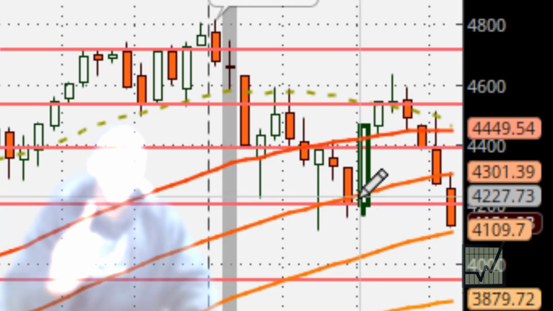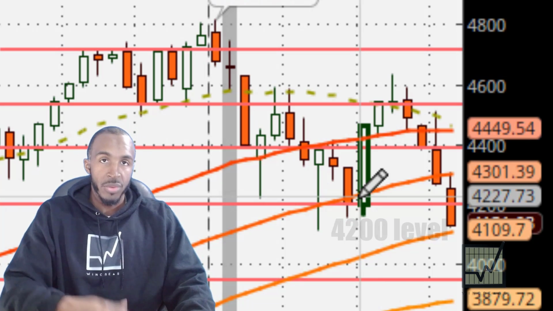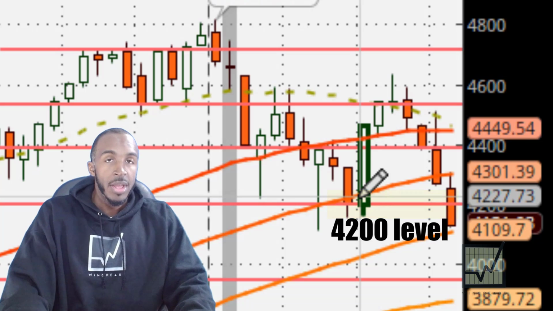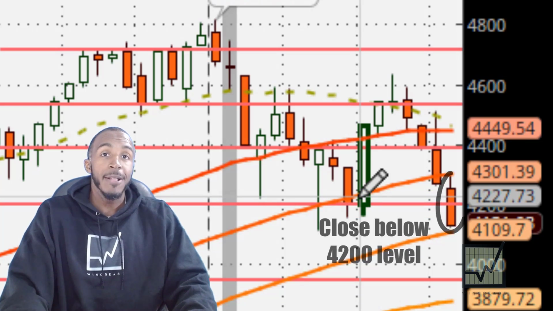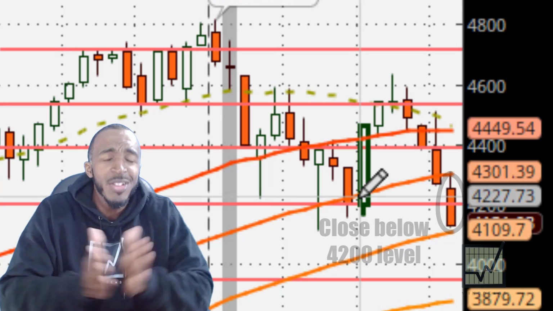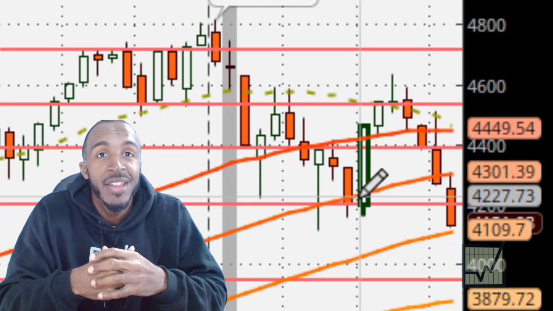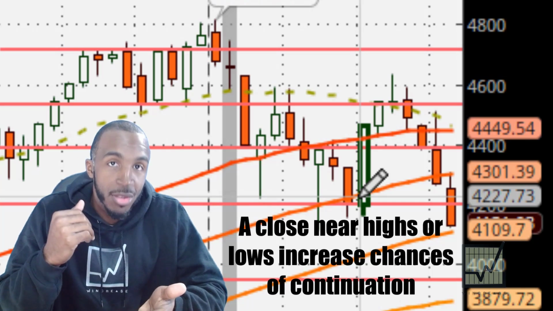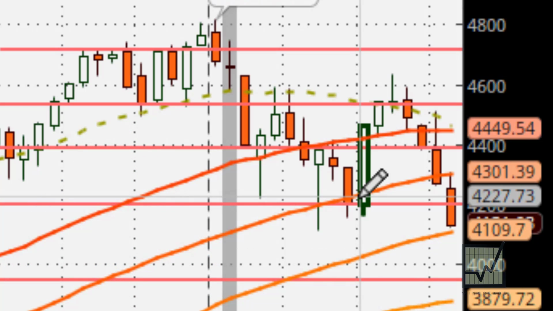So remember last week we talked about the market and how it was likely going to retest that 4,200 level. And it did that. And then also last week we hinted at it breaking that level, and we closed below it. Every time we talk about this, we make sure we emphasize where something closes, because it often gives you the clarity for what direction the market wants to go.